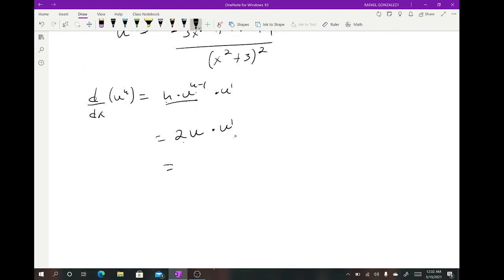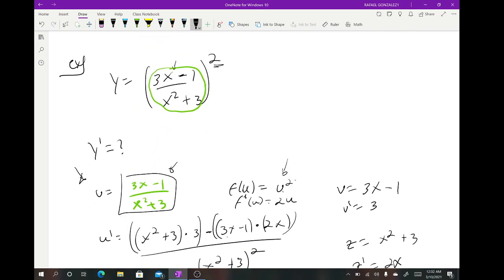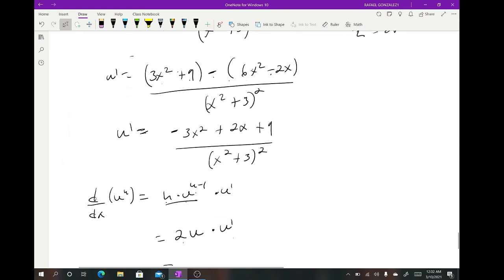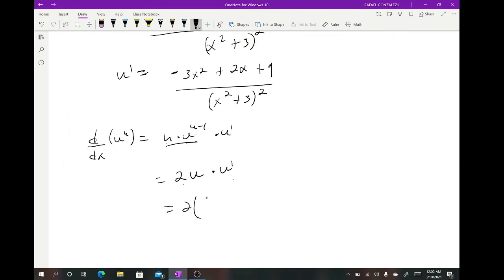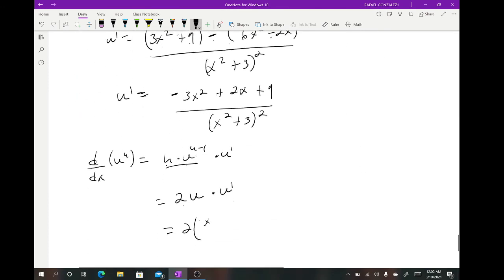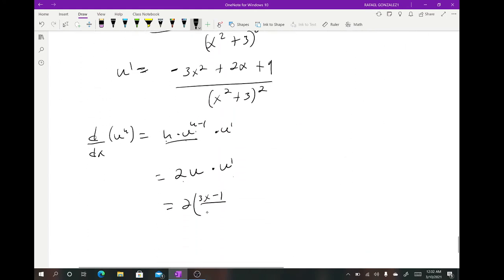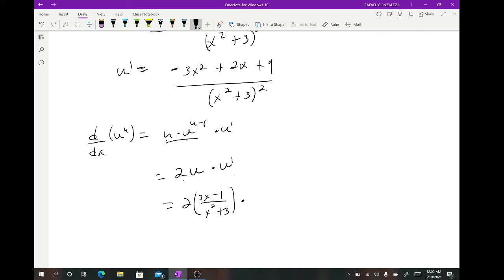Well, now what is u and what is u prime? Well, u is the fraction 3x minus 1 divided by x squared plus 3. So this is 2 times the fraction, 3x minus 1 divided by x squared plus 3, times u prime, and u prime is what we found down here, which is minus 3x squared plus 2x plus 9 divided by x squared plus 3 squared.